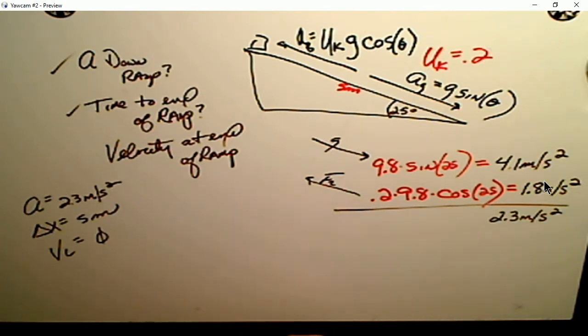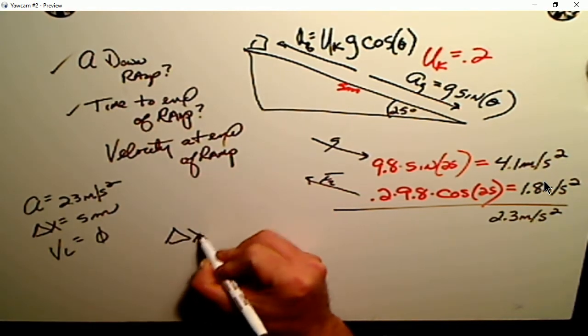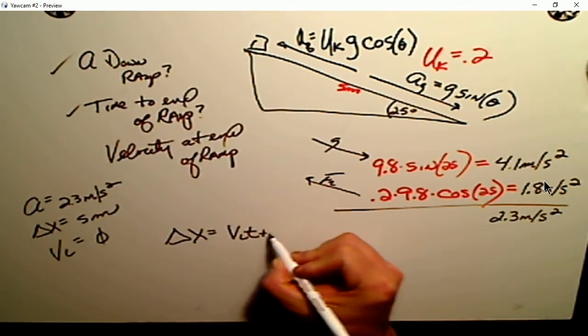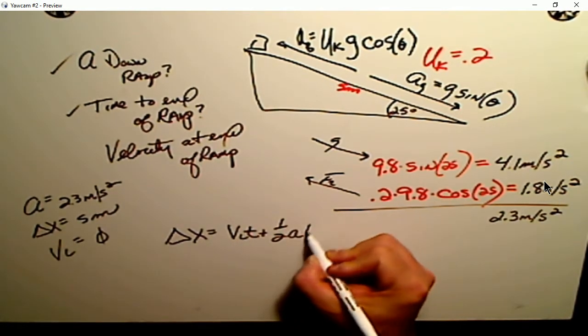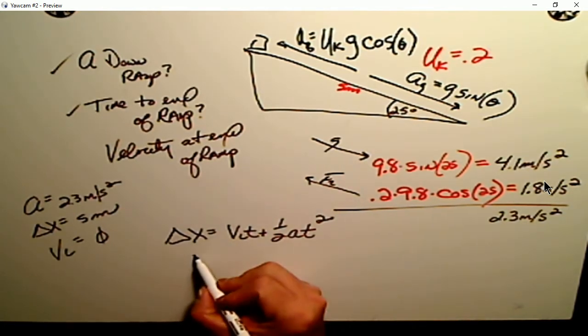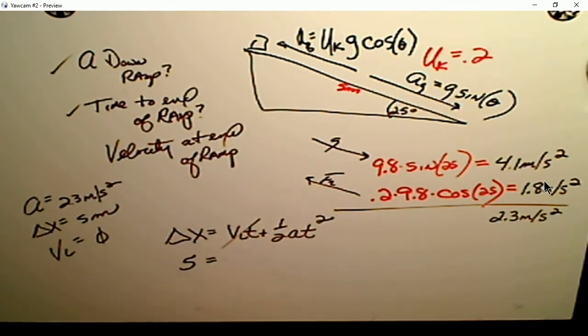We see here that we have enough to use the kinematic equation as written here. Change of distance is 5. Velocity initial is 0, so we can just forget about that.